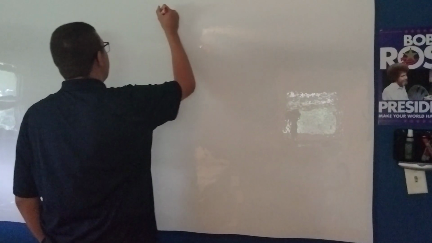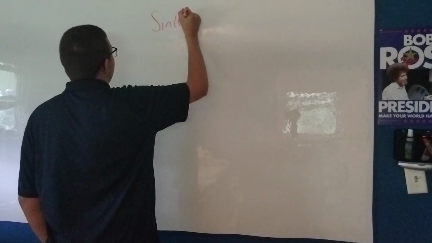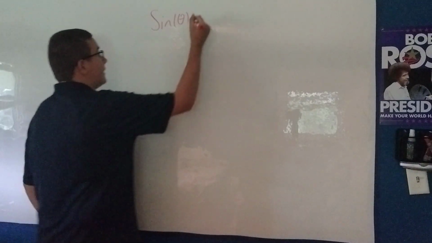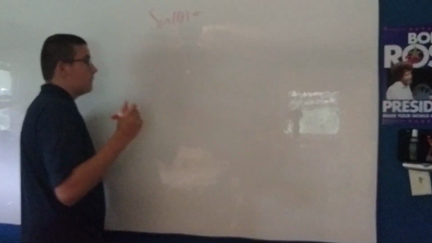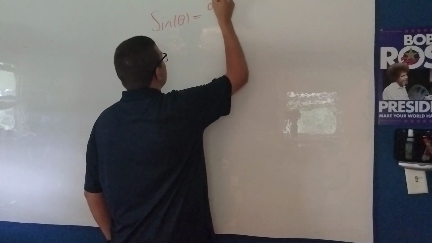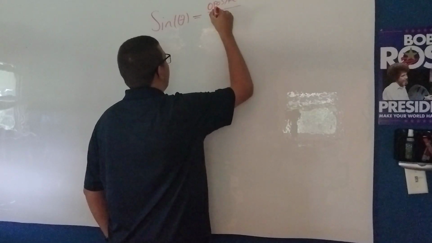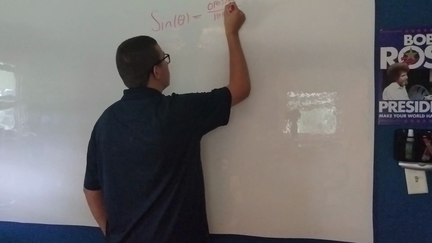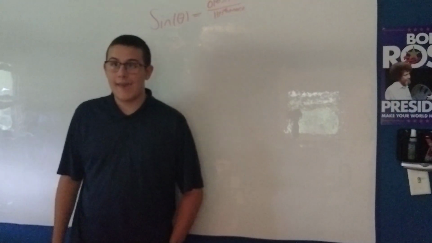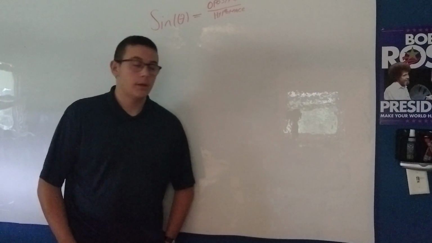So if we have the sine of theta, whatever our theta is, that is always going to be equal to the opposite over the hypotenuse. Every time, that angle's sine is always the same as the opposite over the hypotenuse, right?